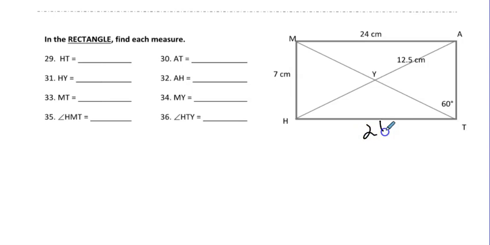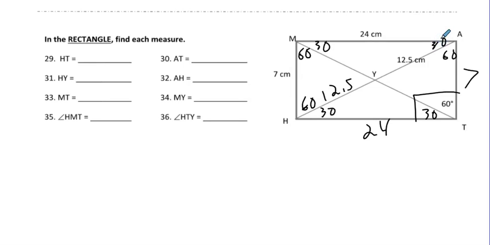So 24 and 24, opposite sides equal. 7 and 7. 12.5, 12.5. If this is 60, this is 30 because it's a right angle, which makes this 30 and that's 60. And because of alternate interior angles, this is 60 and that's 30. And this is 60 and that's 30.